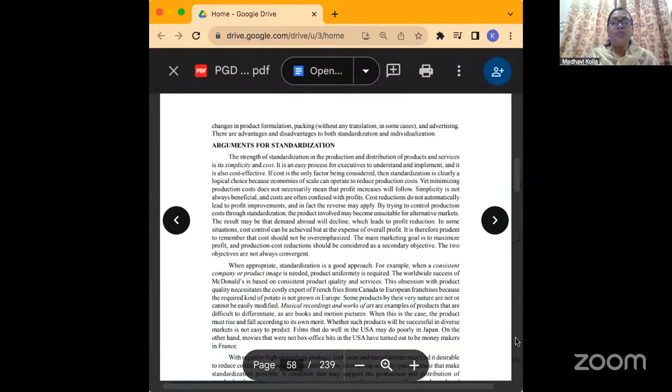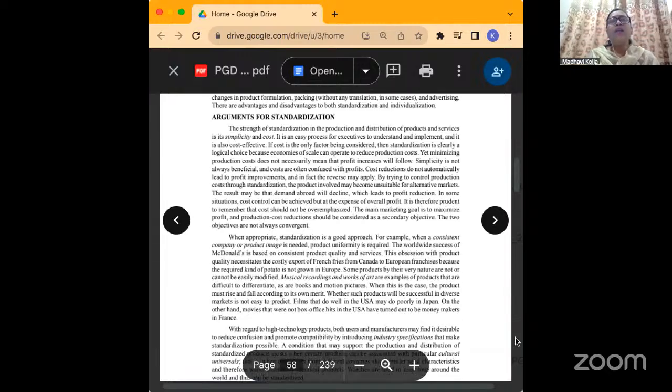So, arguments for standardization. What would they be? One, and at a very fundamental level, we would say that if you standardize our products, there is simplicity and a lowering of cost involved because the production size is increasing, the production numbers are increasing.